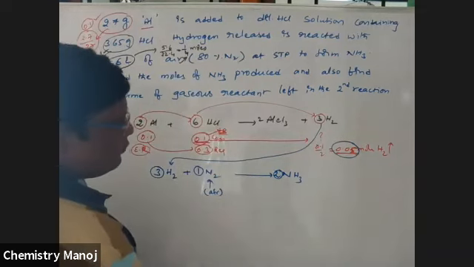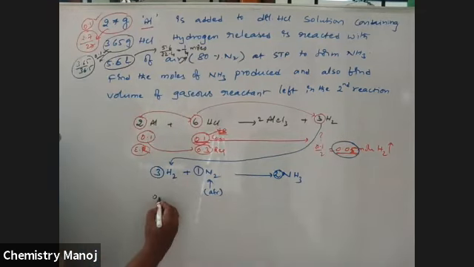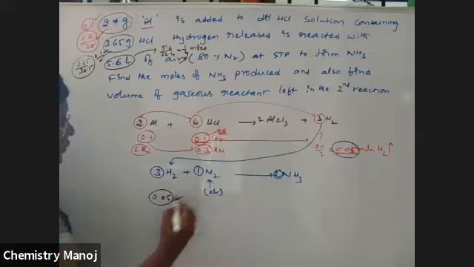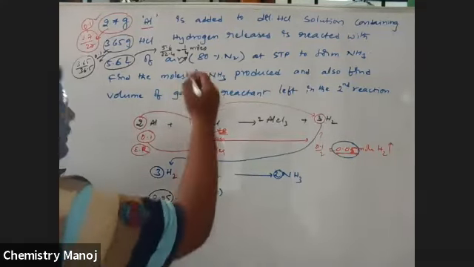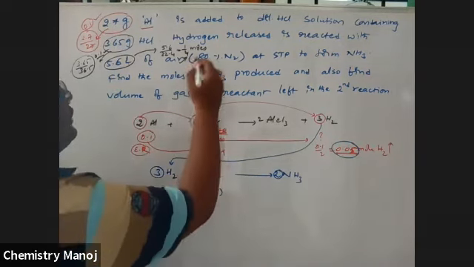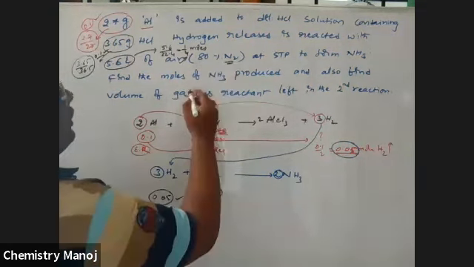Here 0.05 mole hydrogen is taken. How many moles of air? Air has nitrogen, so now I am going to calculate nitrogen.